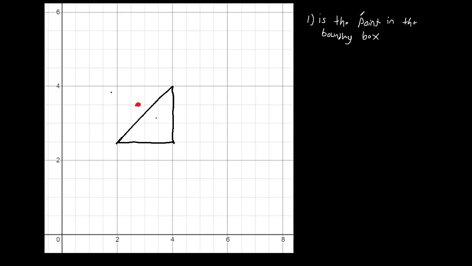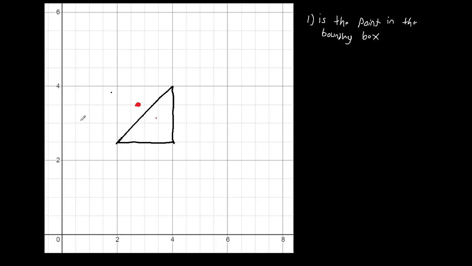You have to realize from a computational perspective, if all you had were coordinates and you didn't see this graph, checking the bounding box is a really fast way to throw out things that have no possible chance of ever being inside the polygon. But let's use this as a chance to solidify this concept of the bounding box.